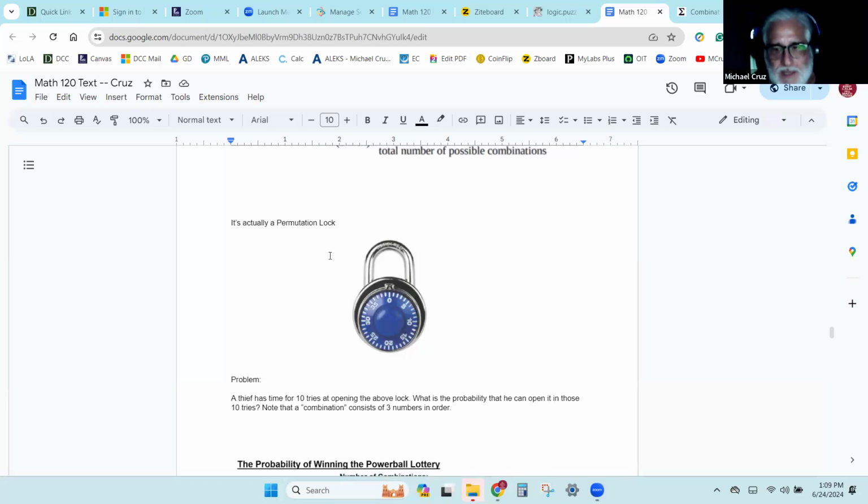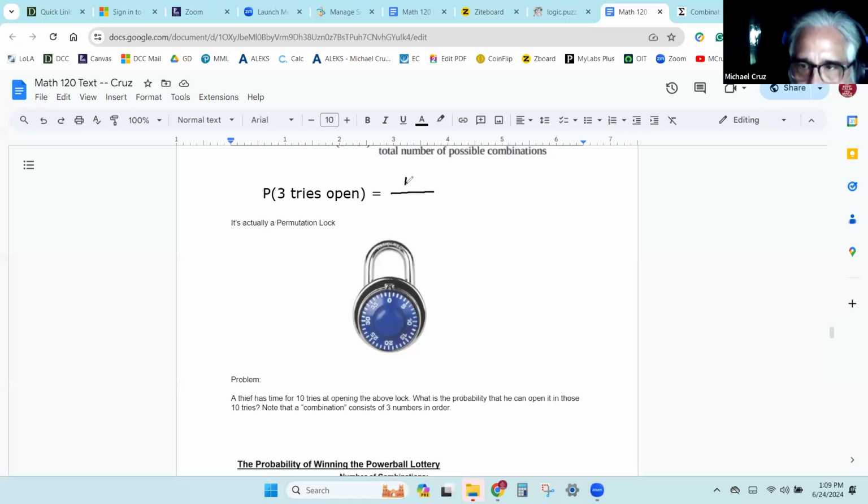So a thief has 10 tries at opening the above lock. What is the probability he can open it in those 10 tries? Well, all right. Well, we're told how many tries he's got. So what are we going to have down here? Well, we're going to have our permutations. We need 3 numbers picked out of how many?